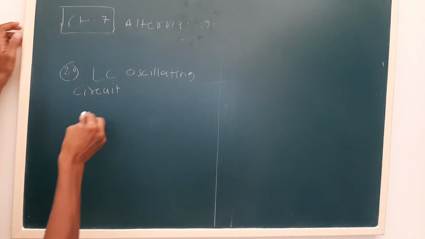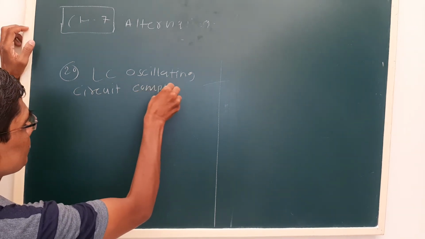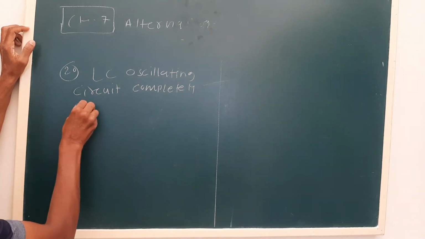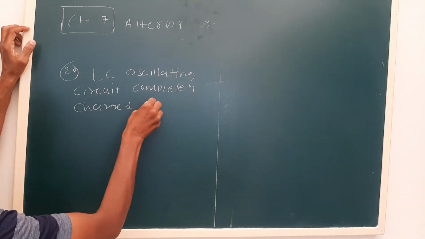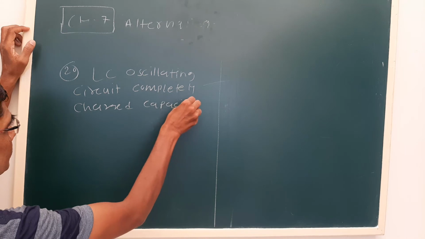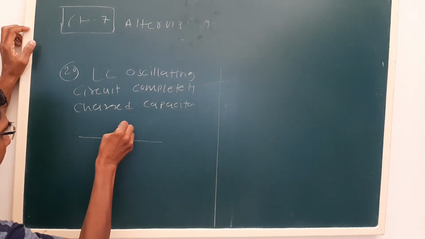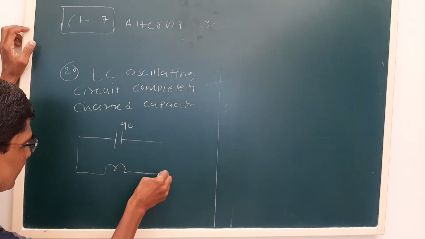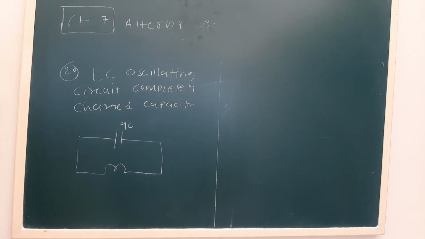Okay, with a completely charged capacitor. Now let us say the capacitor is completely charged. We assume the charge is Q0. We connect an inductor. So what happened?